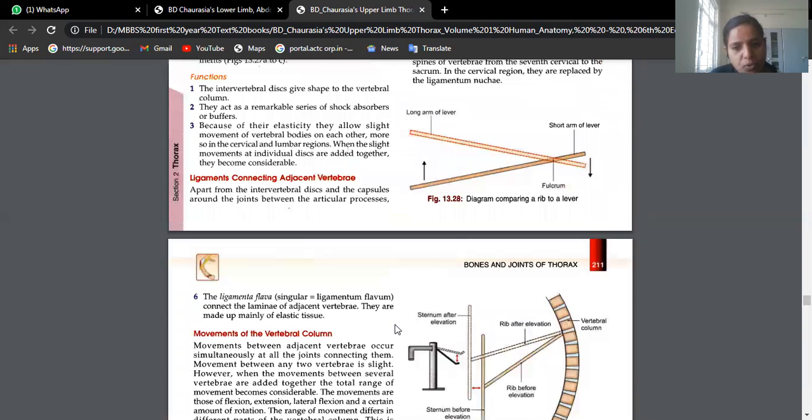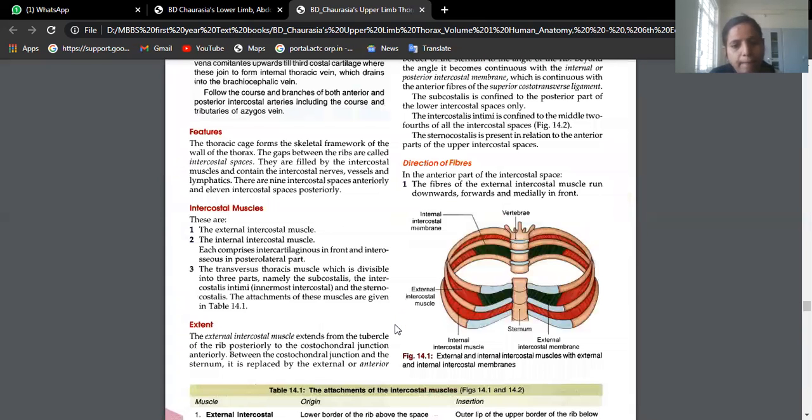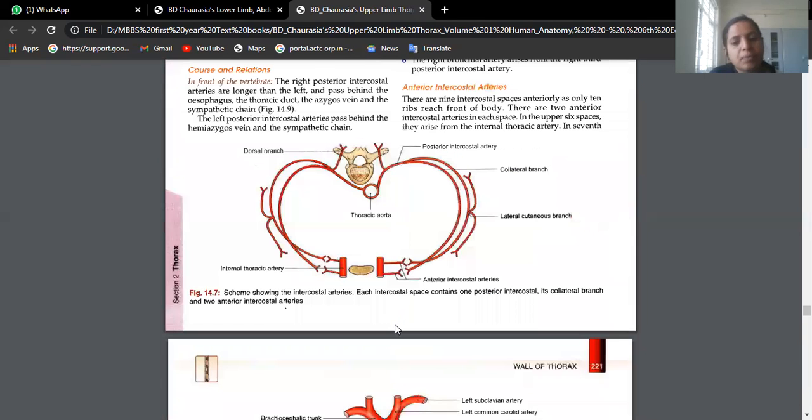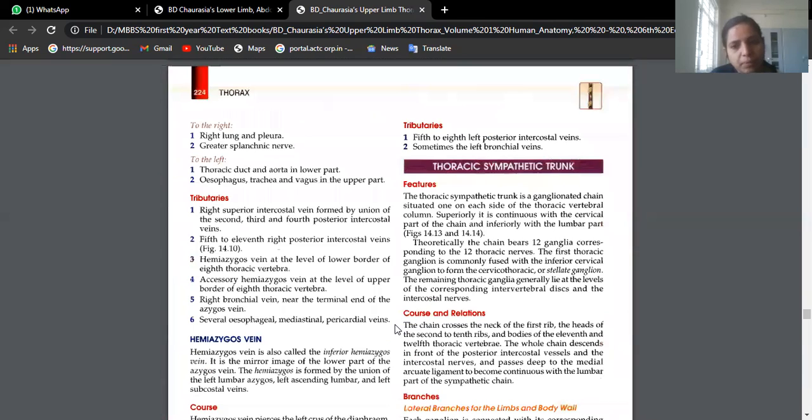Suprapleural membrane is also called Simpson's fascia. At the apex of the lungs, you will see that suprapleural membrane.